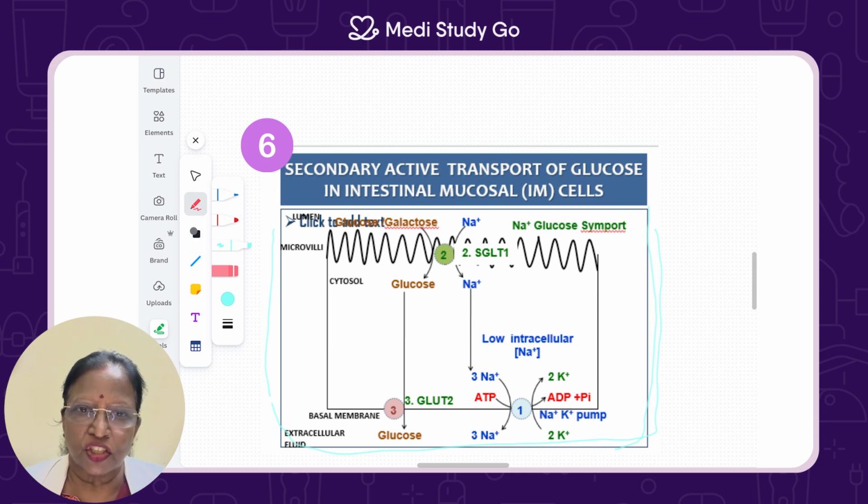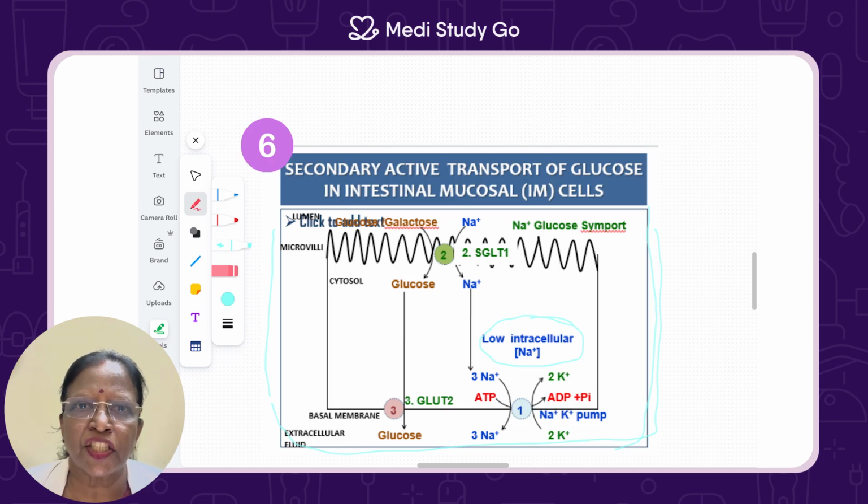So, when these two are going against concentration gradient, ATP is hydrolyzed, ADP and inorganic phosphate is produced. Therefore, it is possible for these ions to move. What is the purpose of this? The purpose of this sodium-potassium pump is to keep the intracellular sodium levels low. Intracellular sodium levels are maintained low by the sodium-potassium pump.